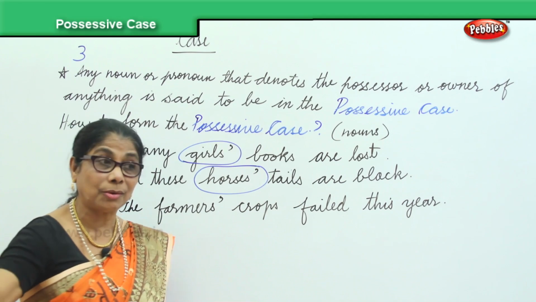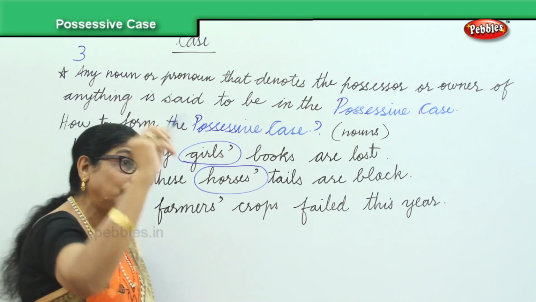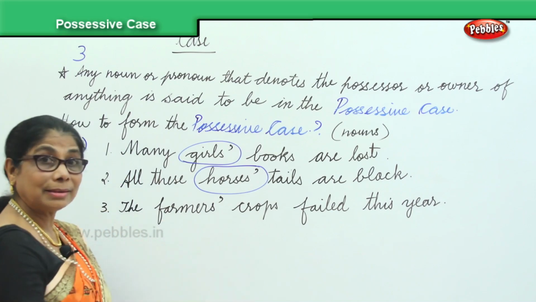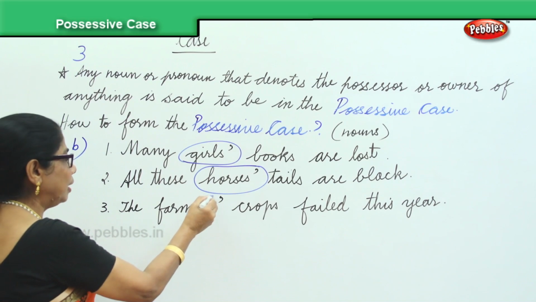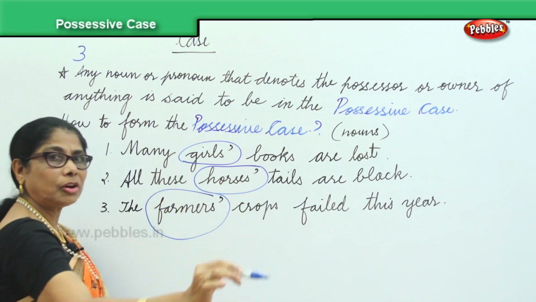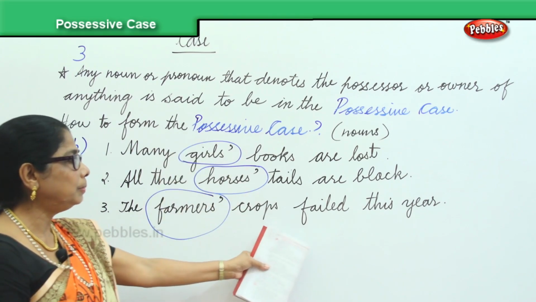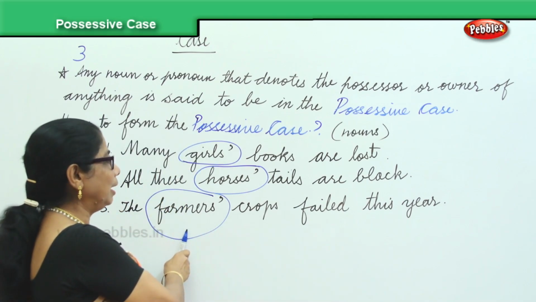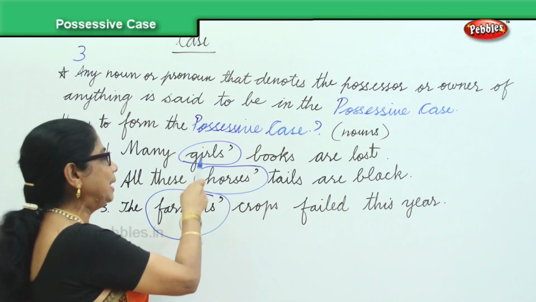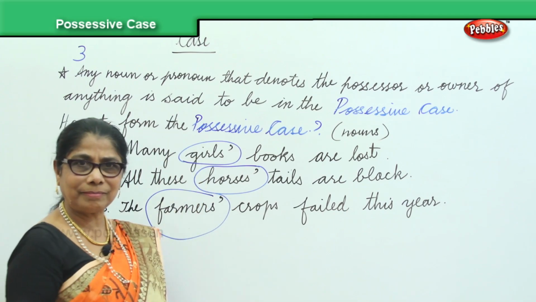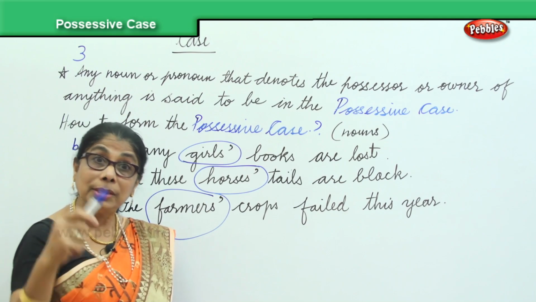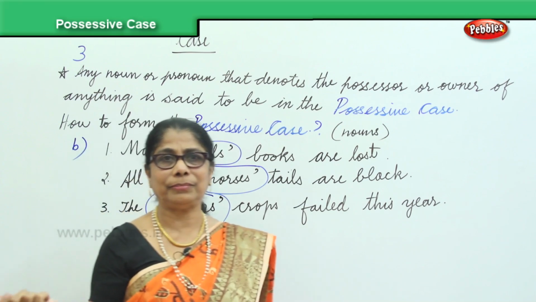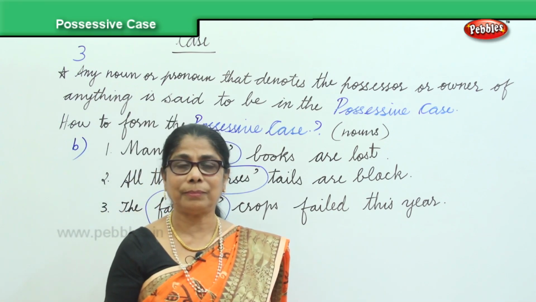All the benches' you'll put an apostrophe after benches, are broken. All the farmers' crops failed this year. So we are talking of many farmers, plural nouns, many horses, many girls, many farmers. All the children's bags were lost. Not one child, all the children.